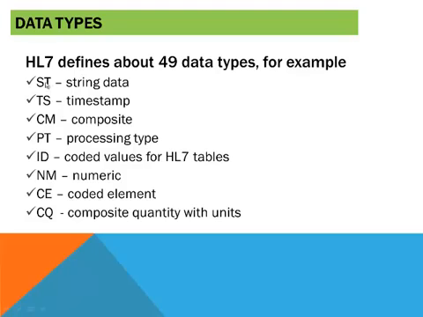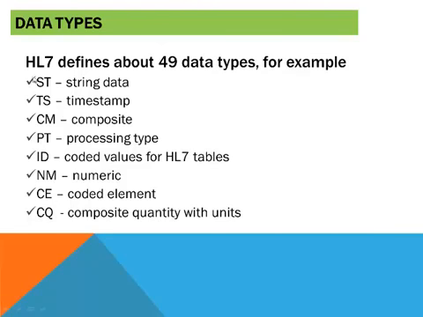The full names: ST means string data, TS means timestamp, CM means composite, and PT means processing type. ID means coded value for HL7 tables. NM is numeric, CE is coded element, and CQ means composite quantity with units.